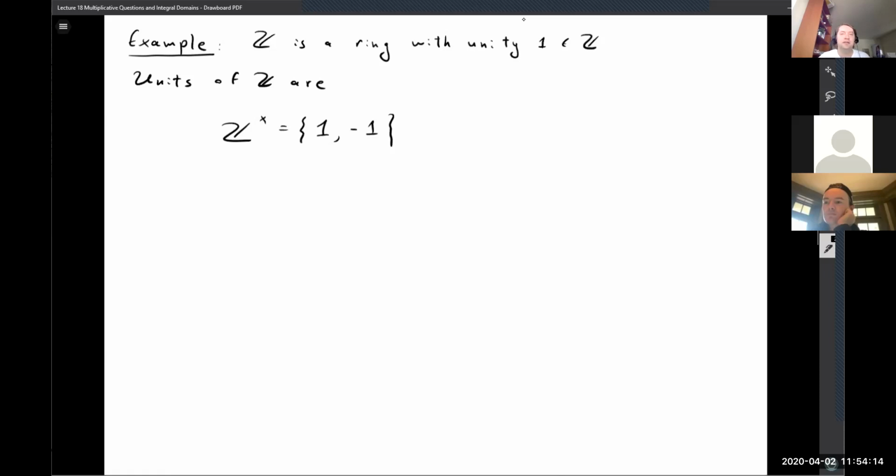Well, this means that Z is not a division ring. So not every non-zero element has multiplicative inverse.